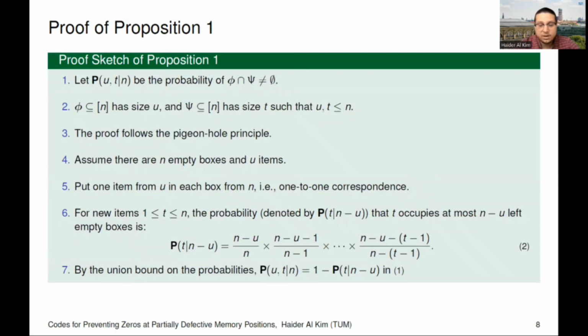After filling the n minus u by t, for sure there will be an overlap, and by the union bound the probability of overlapping will be 1 minus P of t given n minus u empty boxes, which concludes our proof.